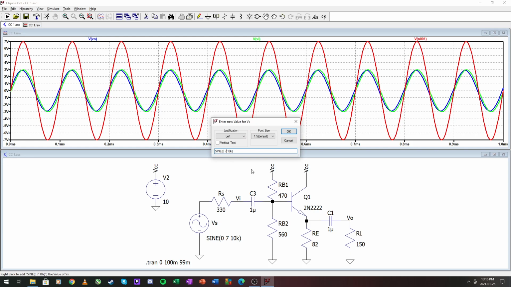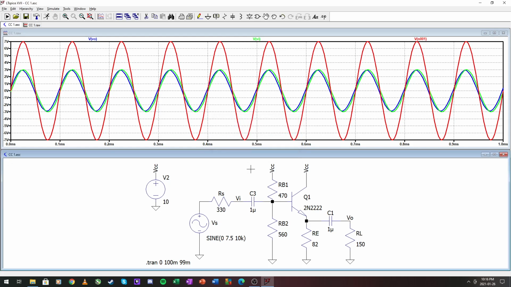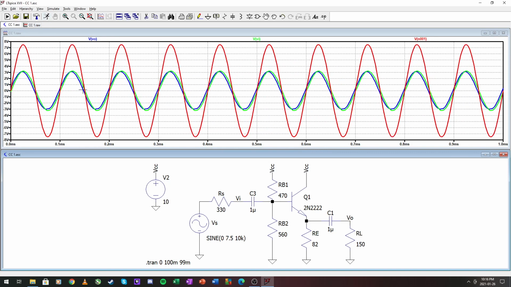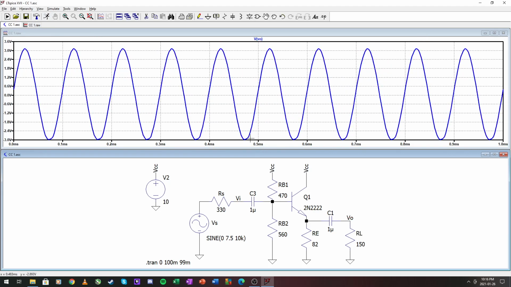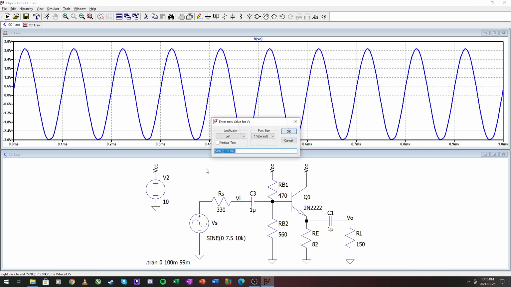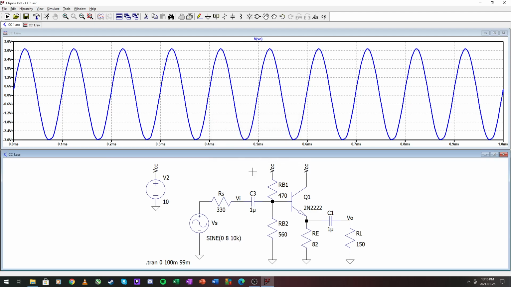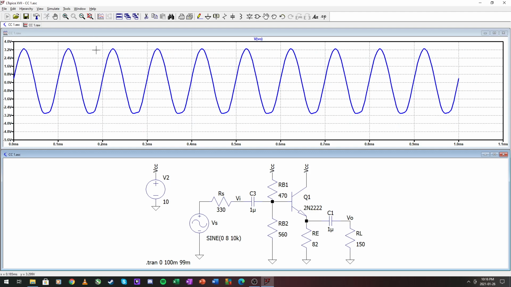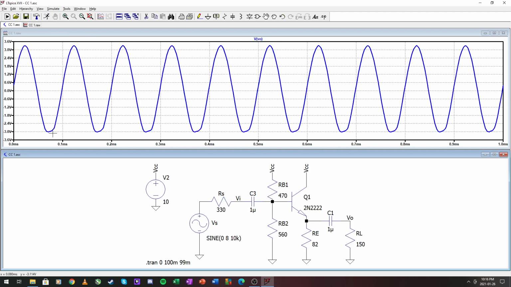If we start to increase this, we will start to see clipping again happening, not as fast as the previous ones because we have this voltage divider. Let's make that the 8, and it will start to become extremely clear to us.